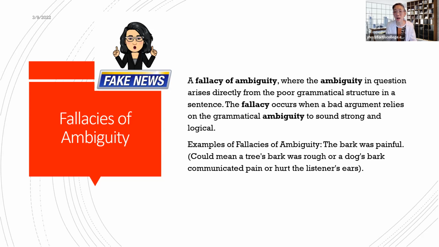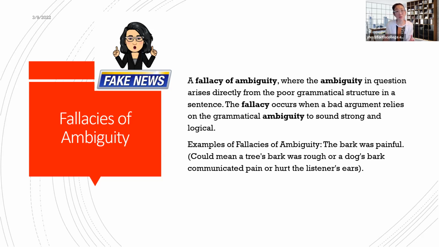And here you have, the bark was painful. Could they be talking about the tree bark? So if you're a lawyer, you would find the ambiguity in someone else's argument and use that to eat up the other side. Okay, that would be weaknesses in someone else's argument: you find that ambiguity and then you rebut it, and that's what lawyers do to each other.